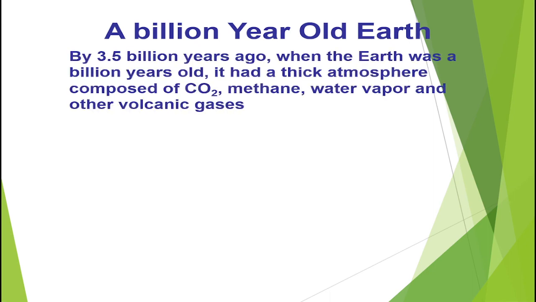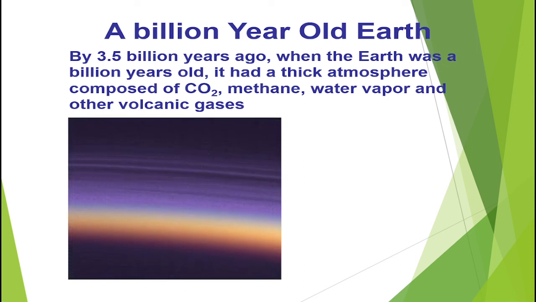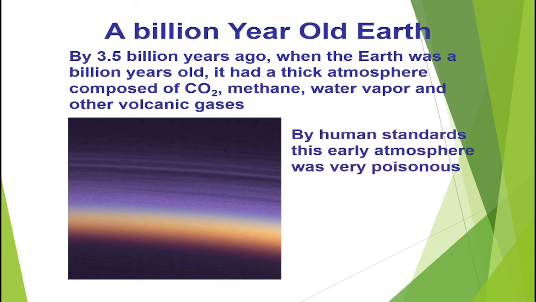By 3.5 billion years ago, when the Earth was a billion years old, it had a thick atmosphere composed of CO2, methane, water vapor and other volcanic gases. By human standards, this early atmosphere was very poisonous. It contained almost no oxygen.